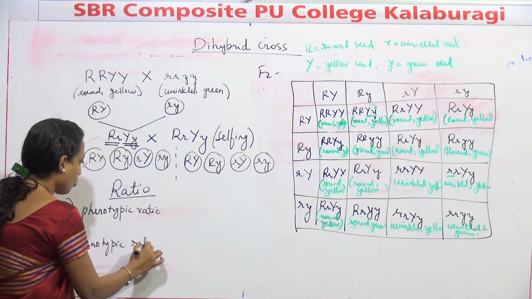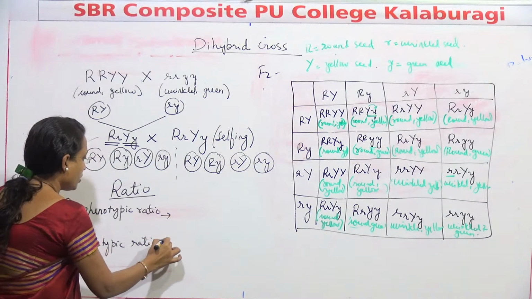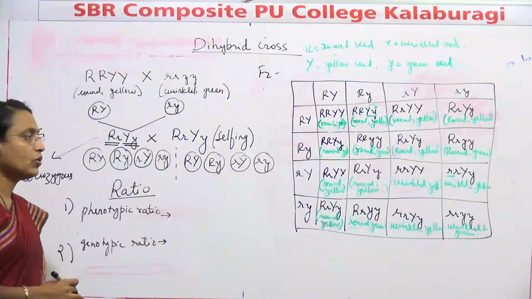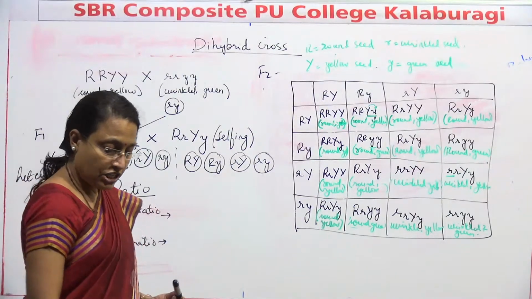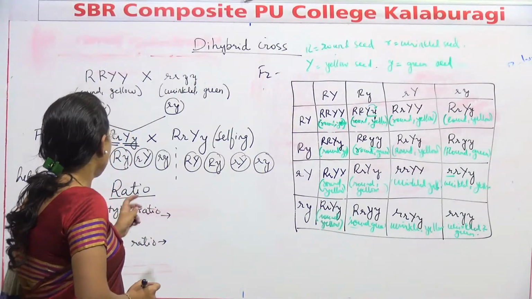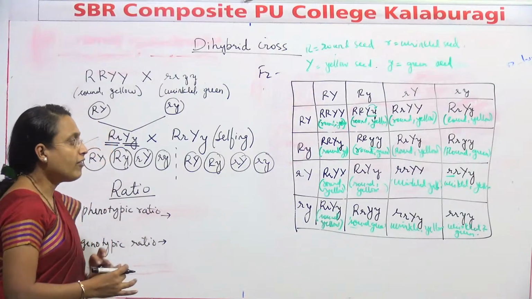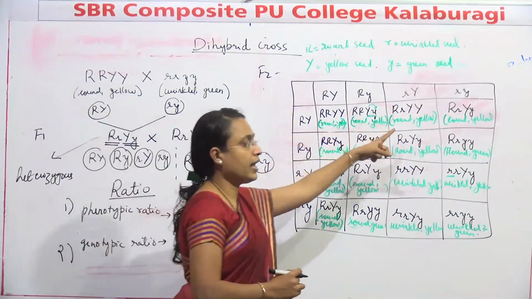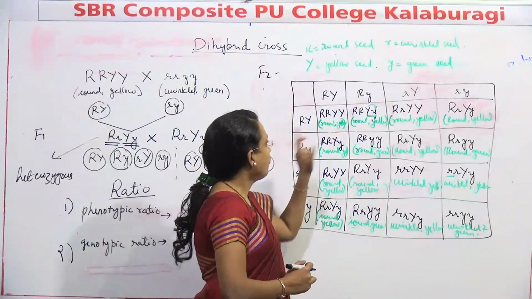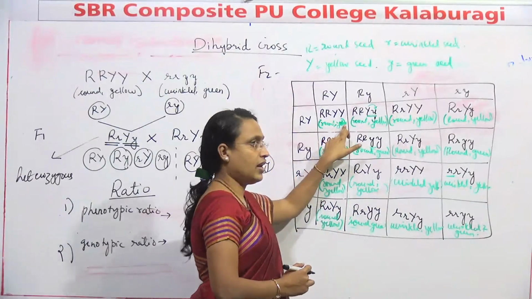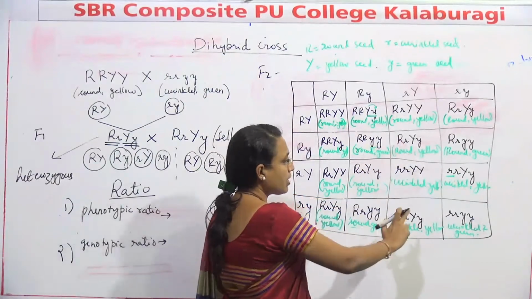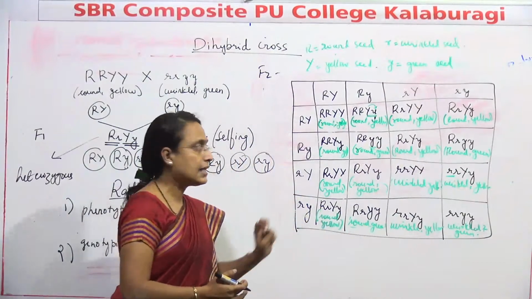For the phenotypic ratio, you have to see which are of a similar kind in this table. For example, round and yellow is there. So how many round and yellows are present in this table?